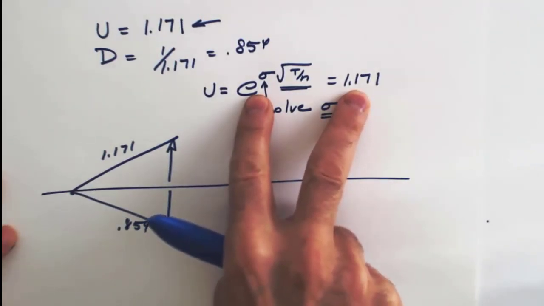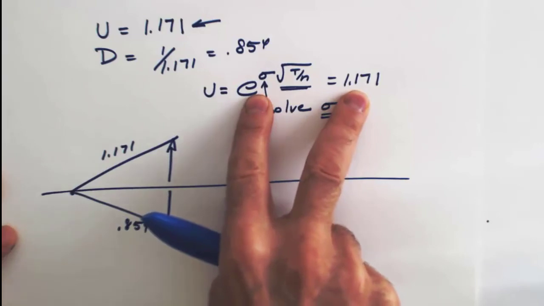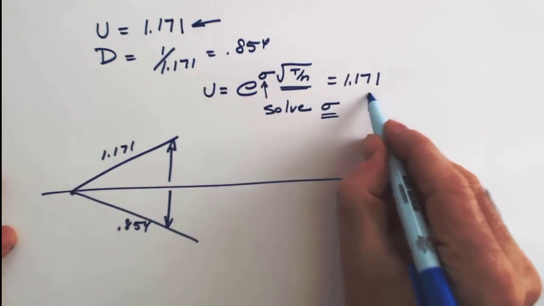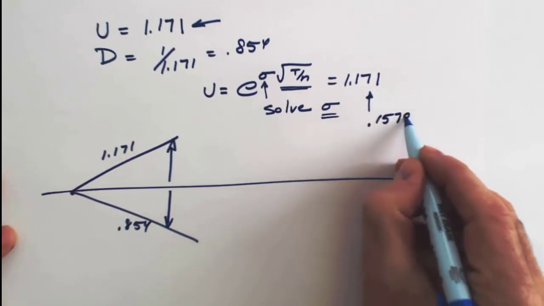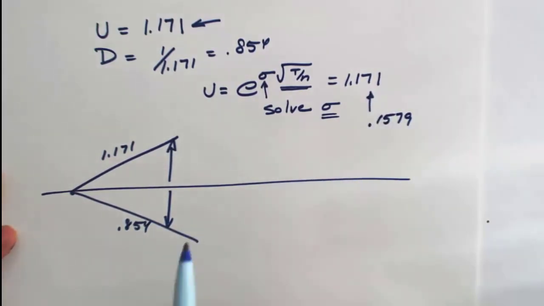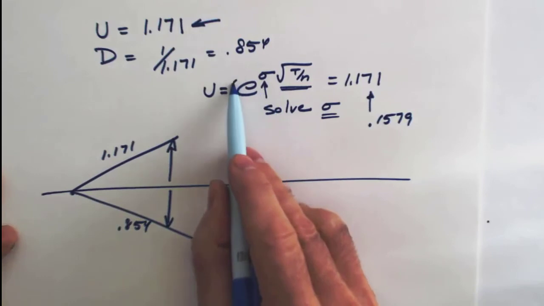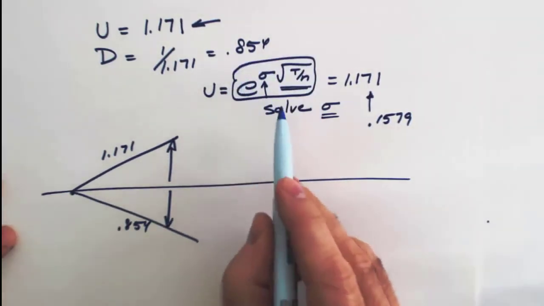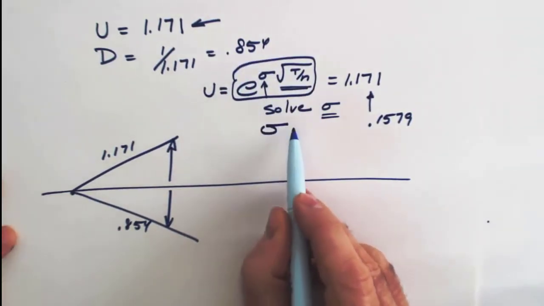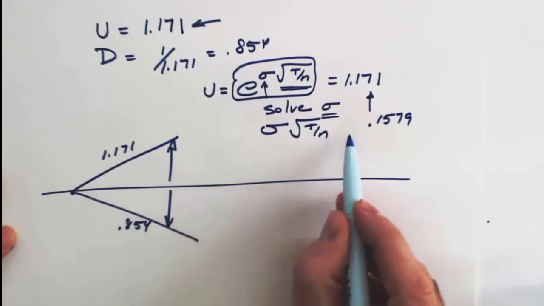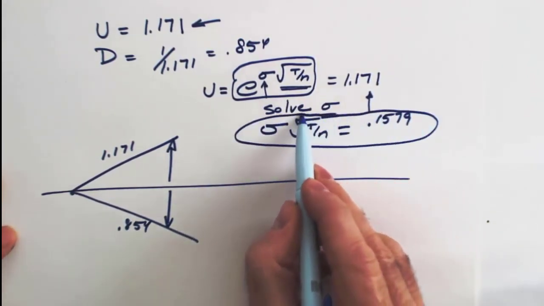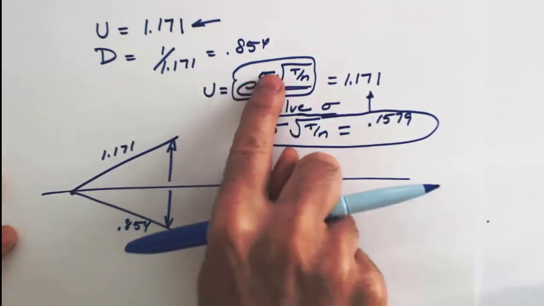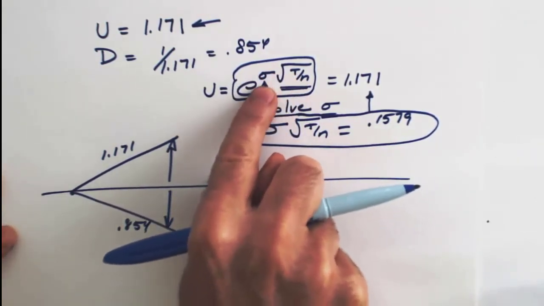So if you take the natural log of both sides, the natural log of 1.171 is 0.1579. Okay? The natural log of this right here is simply sigma square root of T over N. Okay? And so we have one equation, one unknown. We got rid of that exponent because we're trying to find sigma.